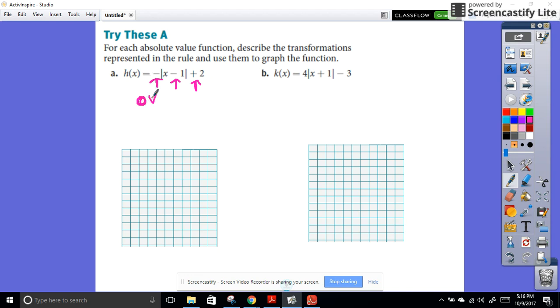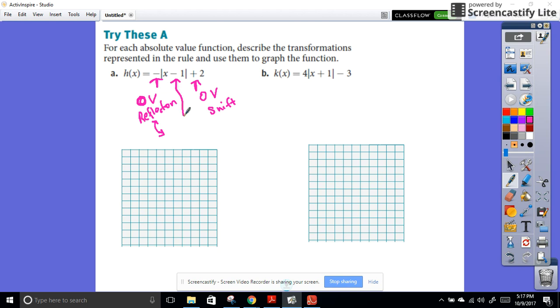Since it's outside, it's vertical multiplication, so it's going to be a reflection. A vertical reflection means an up and down reflection. So anything that was up is going to flip down, anything that was down is going to flip up. This is an outside change, so it's vertical. It's a plus, so it's going to be a shift or a translation.